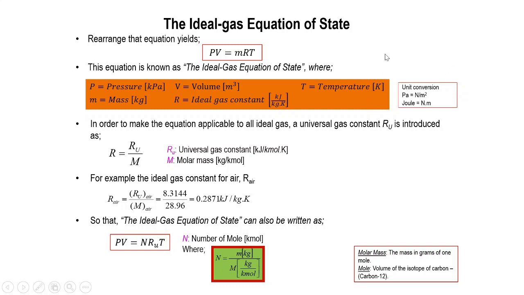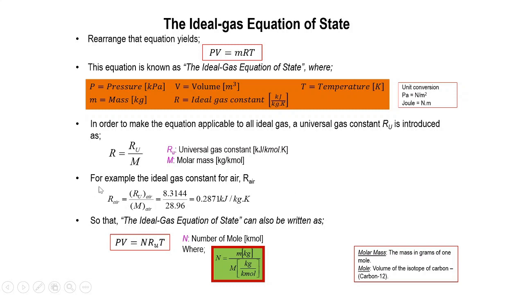In order to make the equation applicable to all ideal gases, the universal gas constant Ru is introduced. If you have any gas other than air, you need Ru. So R is equivalent to Ru divided by M, where Ru is the universal gas constant in kilojoule per kilomole dot Kelvin, and M is the molar mass in kg per kilomole.